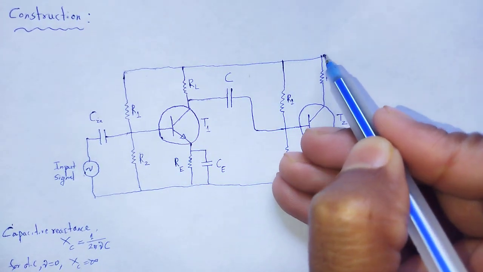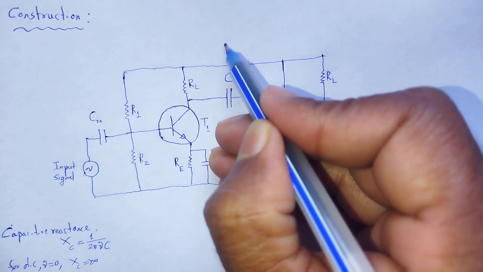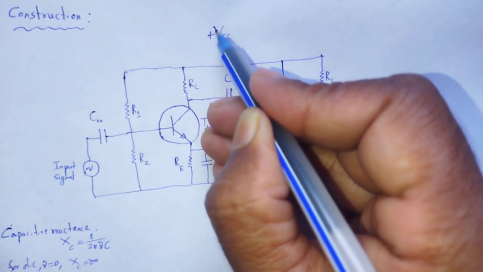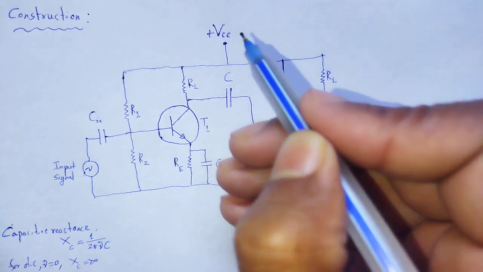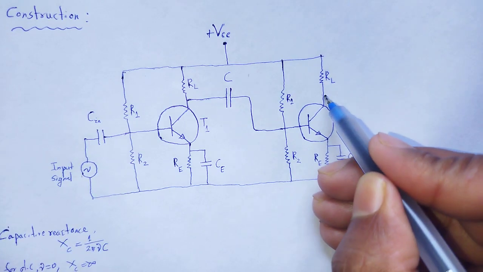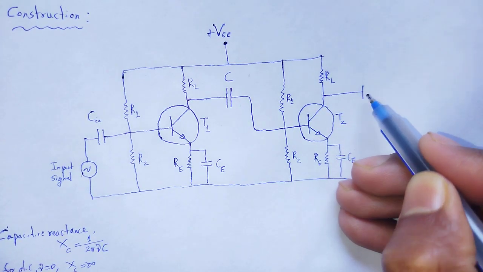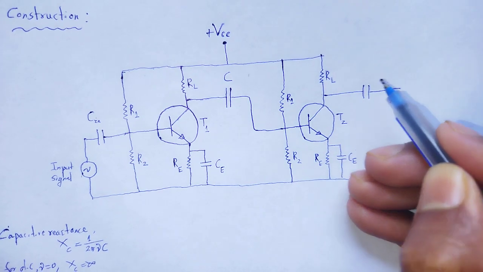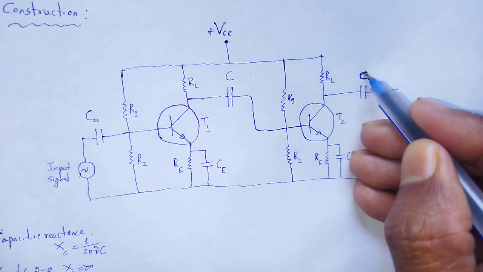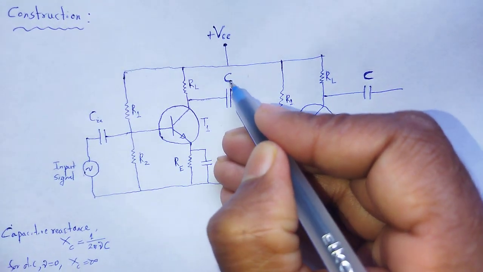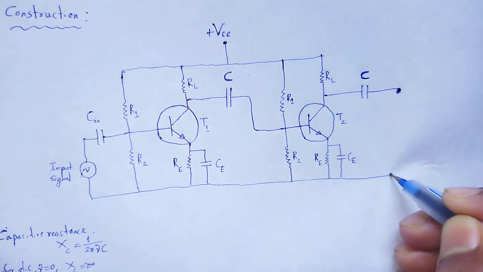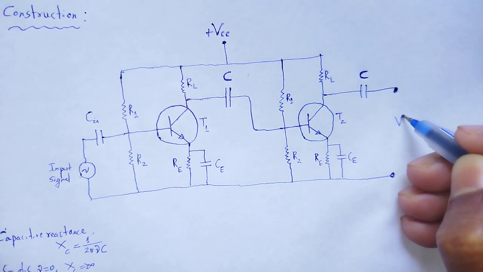That end is connected to the VCC potential. At the output there is a coupling capacitor C, and the output is measured across this V output.